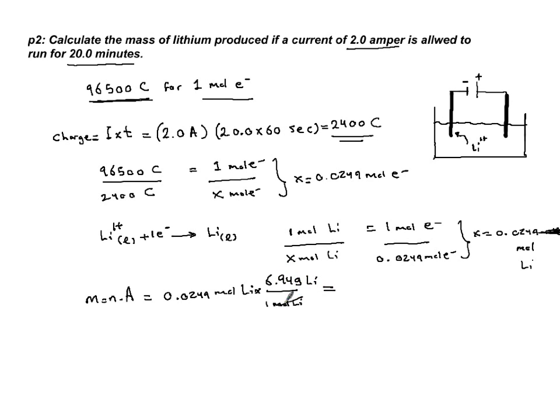So that will give me 0.173 grams of lithium being produced. So for 20 minutes and 2 amperes of electricity, you are going to produce 0.173 grams of lithium. I will do one typical example using Faraday's constant on the next slide.